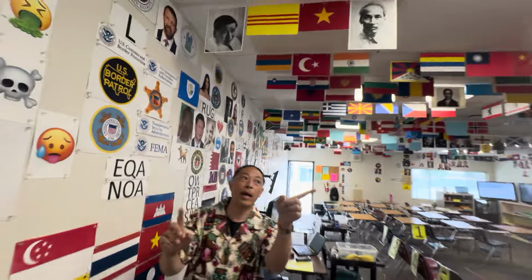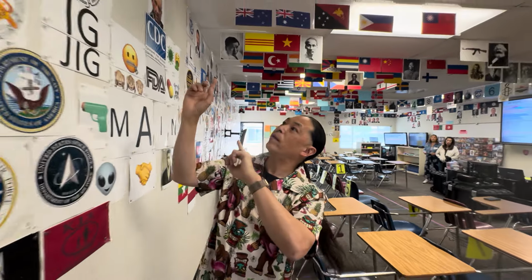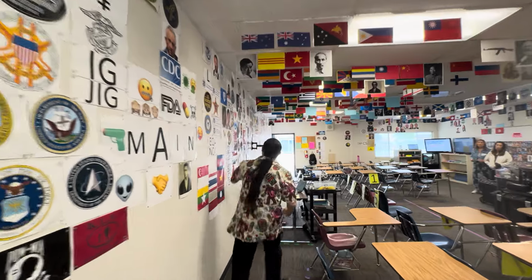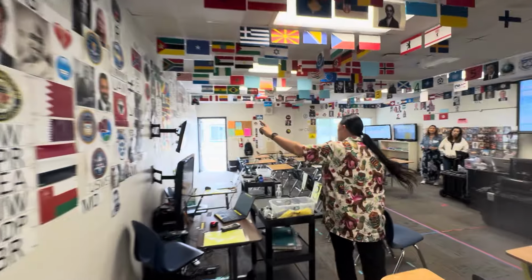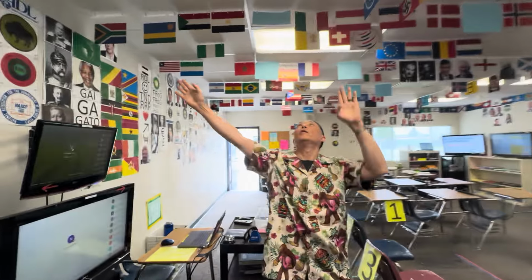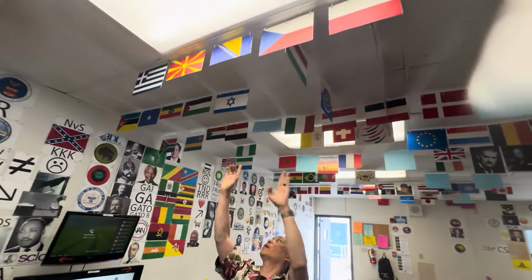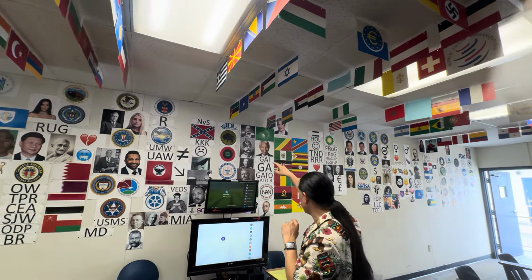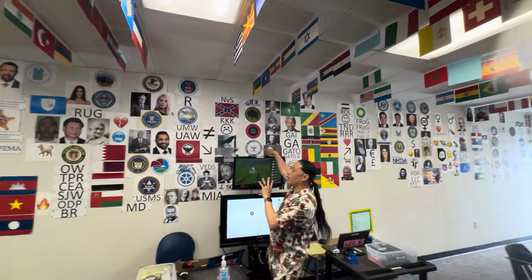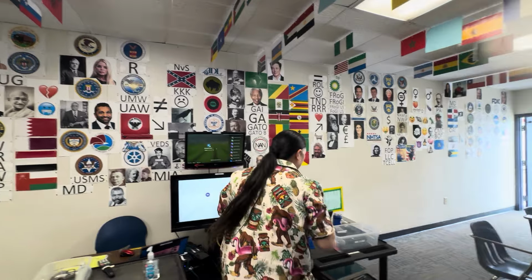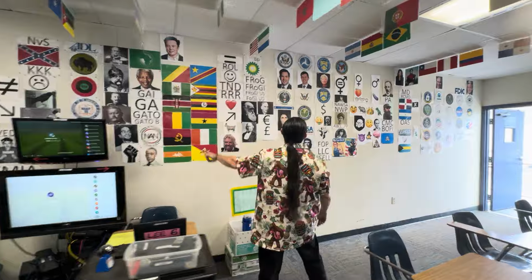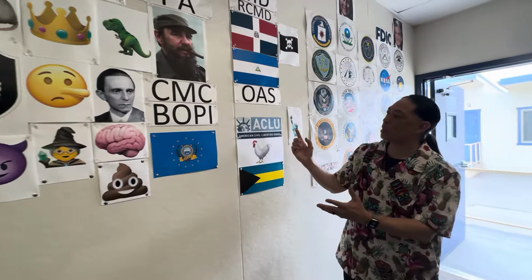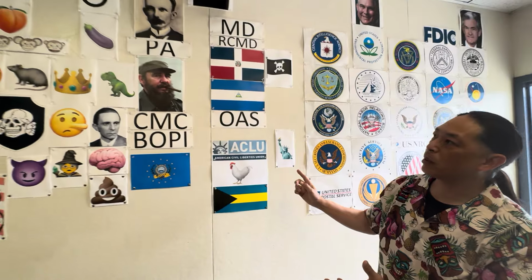Or if you go to Japan, right back here, you're going to find the JACL, Japanese American Citizens League. The other civil rights organizations, for example, for Jewish Americans, you find the Flag of Israel, and you'll find the ADL, Anti-Defamation League. Or in my Africa section, you have the NAACP and the NAN. And in general, not race specific, the ACLU, American Civil Liberties Union.